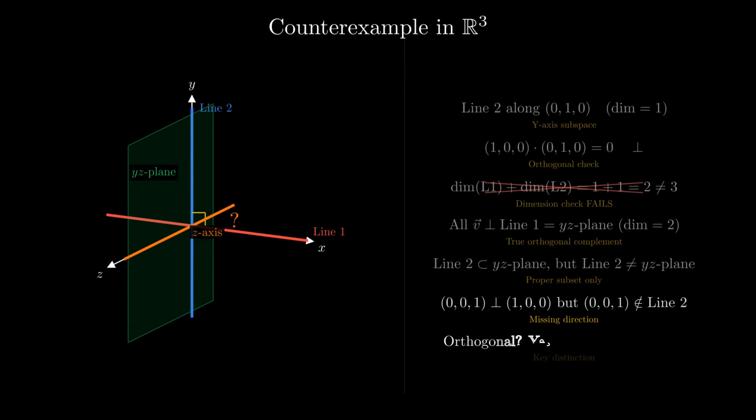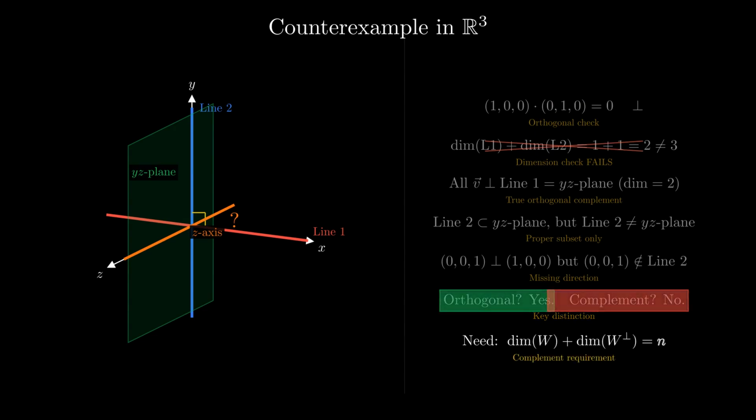So these two subspaces are orthogonal, yes, but is line 2 the orthogonal complement of line 1? No. And to be a complement, you need the dimensions to add up to n, the dimension of the full space. Here we need 1 plus 2 equals 3, but we only have 1 plus 1 equals 2.